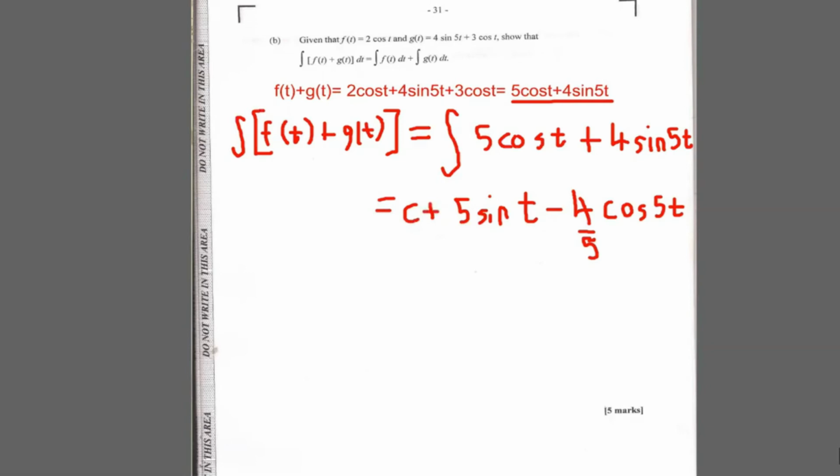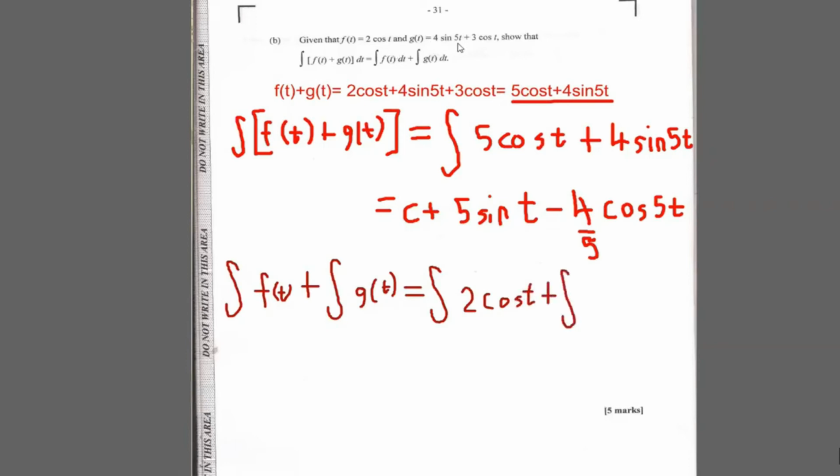Now, if I were to evaluate the integral of f of t plus the integral of g of t, what I'll be working out is the integral of f of t, which is 2 cos t, so I'll be integrating 2 cos t, plus the integral of g of t.